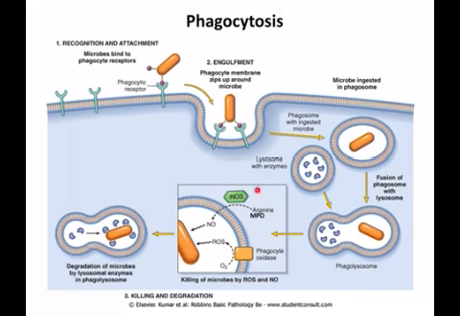Within the phagolysosome, there are lysosomal enzymes, which ultimately lead to killing of the pathogen through the generation of reactive oxygen species, and also certain enzymes like myeloperoxidase which lead to production of nitrous oxide radicals.